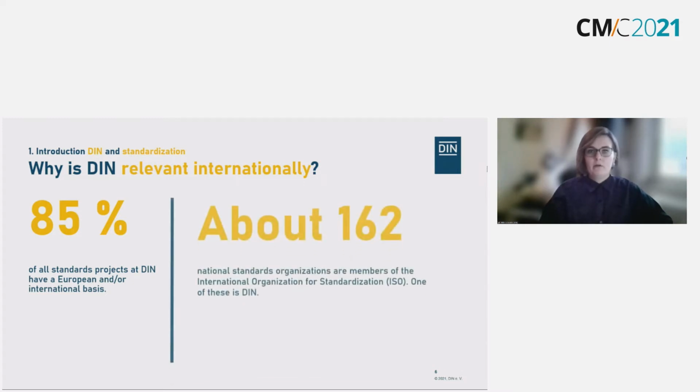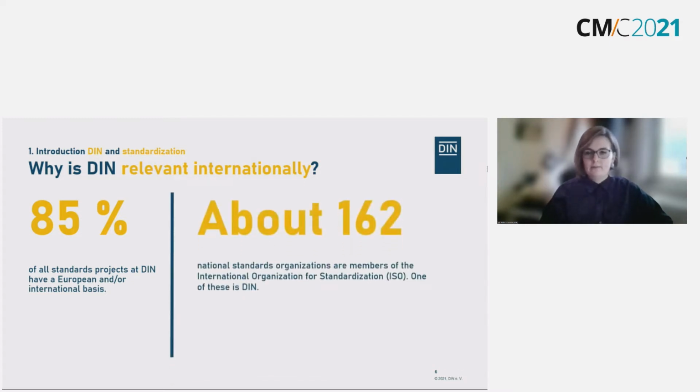There are about 162 national standard organizations at ISO, the International Organization for Standardization, that all influence international standardization. DIN is a member here and holds some secretariats, as well as a member within CEN, the European Committee for Standardization, which has 34 members.